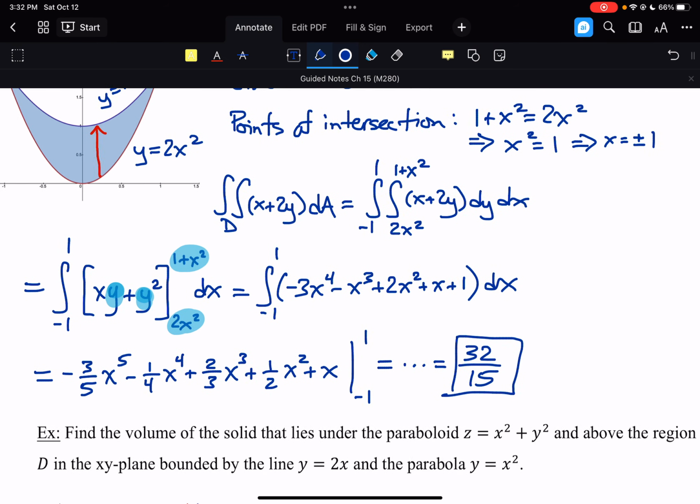So we're going to go double integral of x squared plus y squared dy dx. And then y, going vertically, is going from the parabola up to the line. So that's going to be x squared up to 2x. And then the x values are going from the left intersection point to the right intersection point.